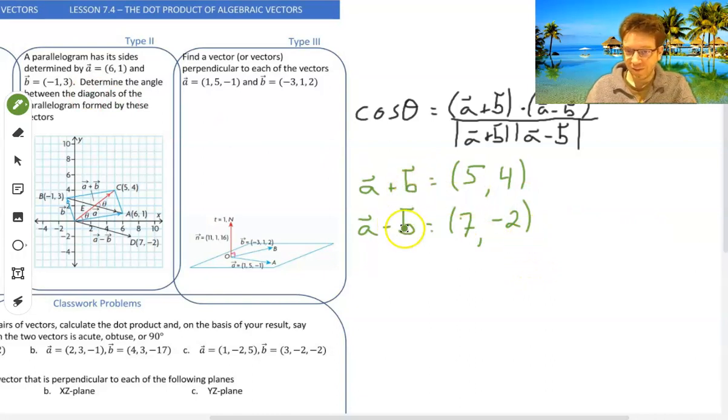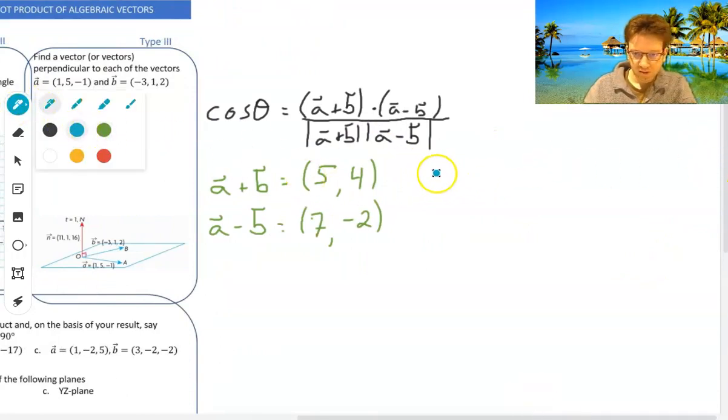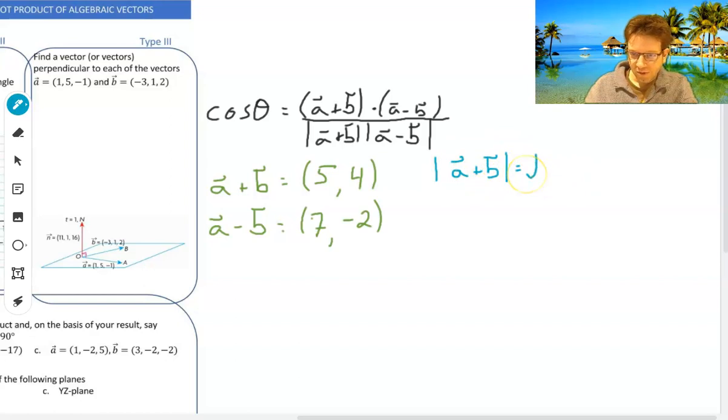Alright, so we have those vectors, so we could take the dot product of them. We also need their magnitudes, so let's do that as well. Need a little more room. So the magnitude of A plus B is the square root of 5 squared plus 4 squared, which is root 41.